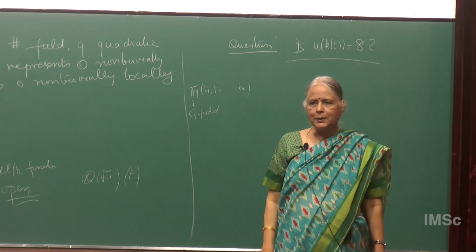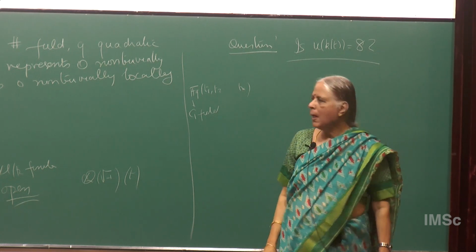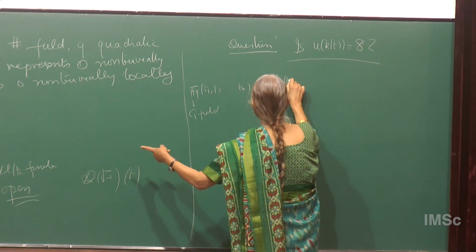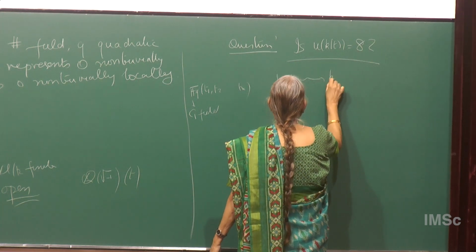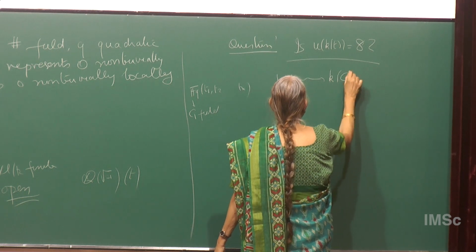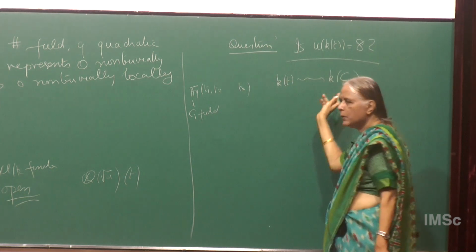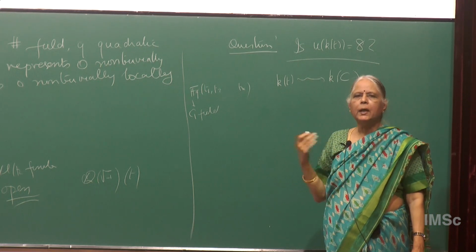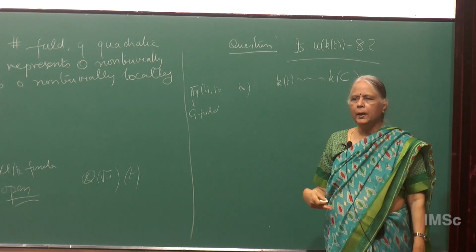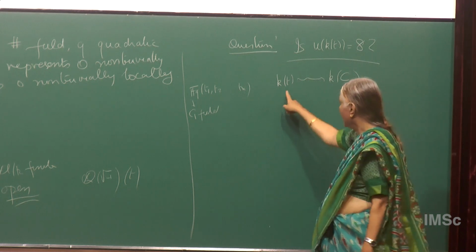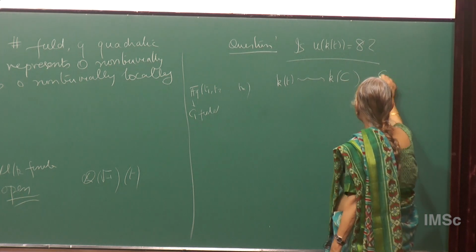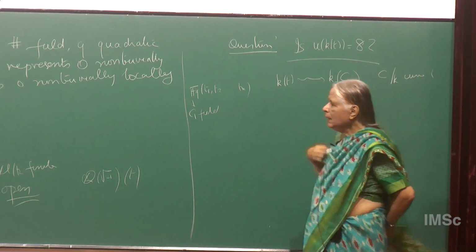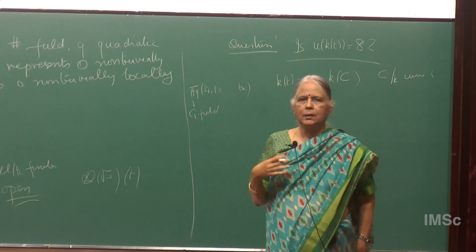This is a finer question, and not only K(T), you can also replace the rational function field in one variable by a field of transcendence degree 1 over K, say the function field of a curve C over a number field K, not necessarily rational. You can ask the same question: is the u-invariant bounded, or is the u-invariant 8?